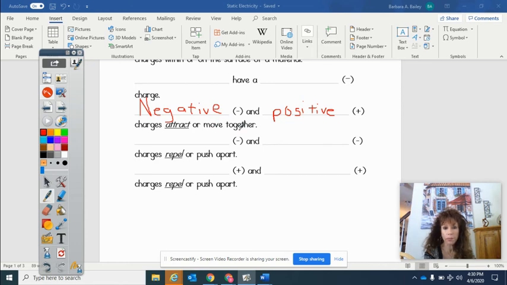It means move together. All right, and then we know the minus stands for negative.